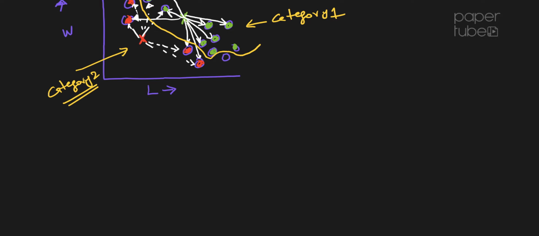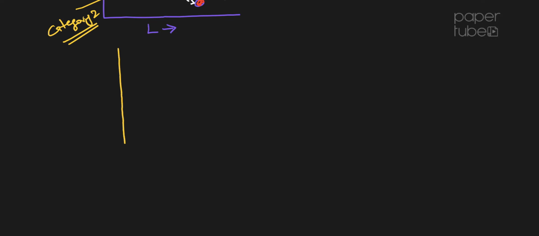And the next step is, we have length again, we have width again, and then based on that cluster center, we assign some data points that belong to each of those categories.